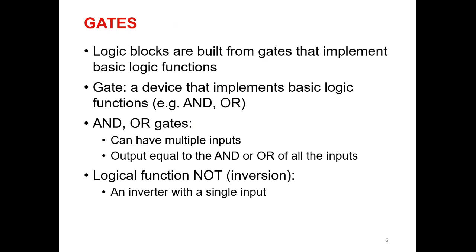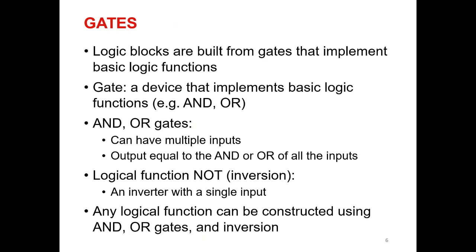So those are the three basic elements for implementing functions: AND, OR, and the logical function NOT. Remember that yesterday we saw some representation using Boolean algebra, and those logical functions can be implemented using these three components.